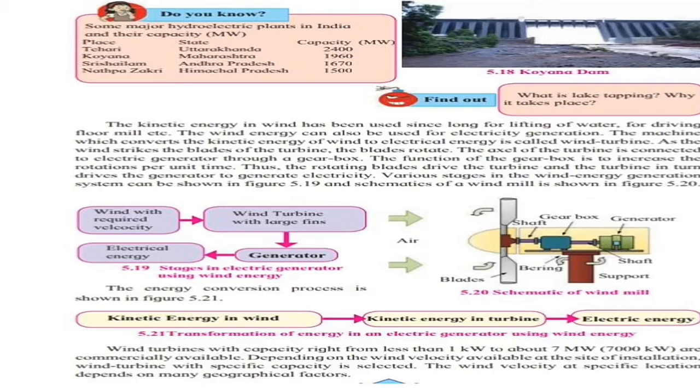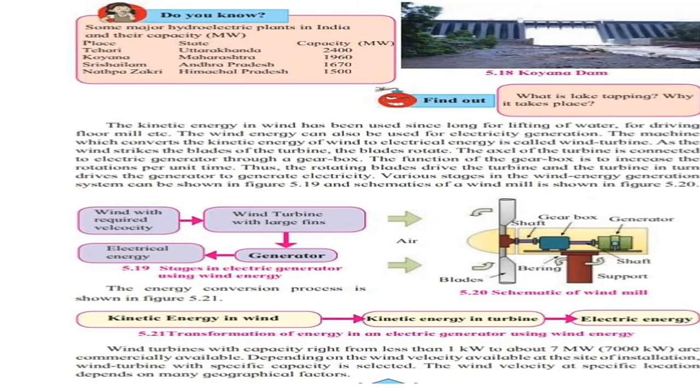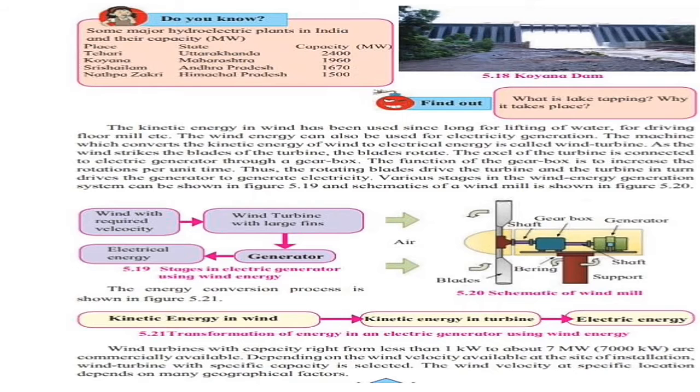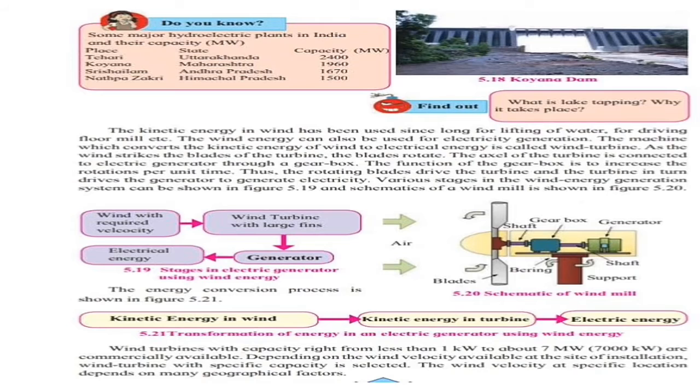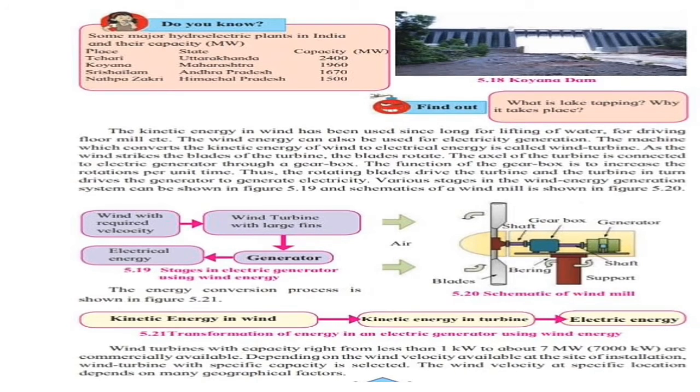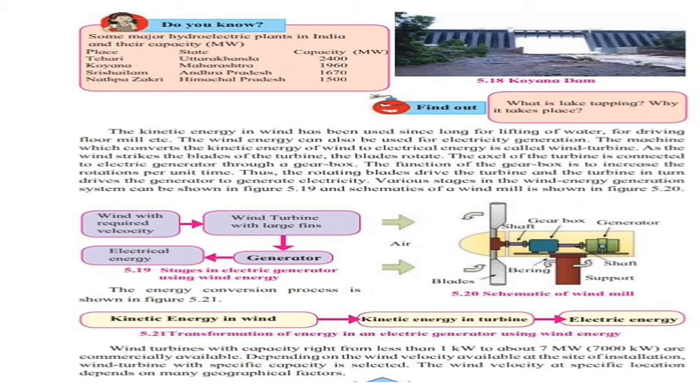Wind turbines with capacity from less than 1 kilowatt to about 7 megawatt are commercially available now. Depending on the wind velocity available at the site of installation, a wind turbine with a specific capacity is selected. The wind velocity at a specific location depends on many geographical factors.